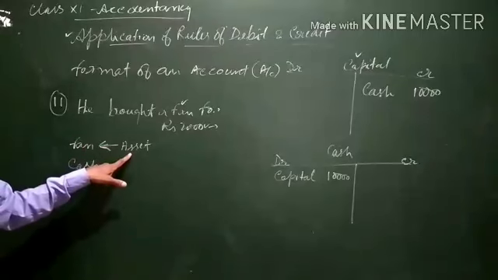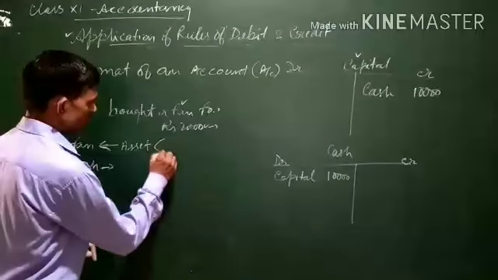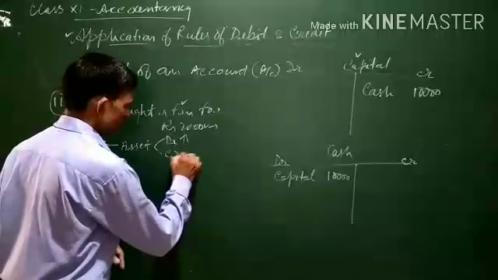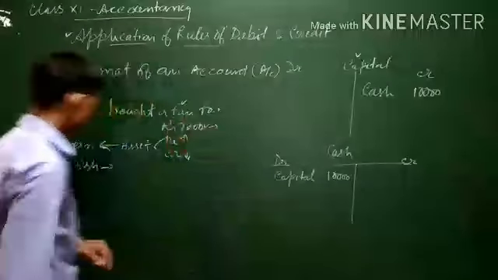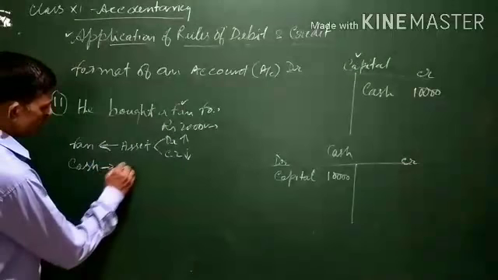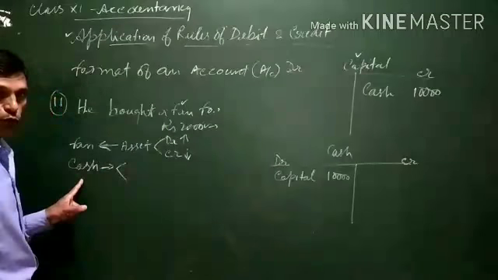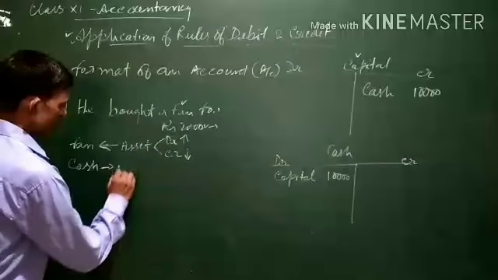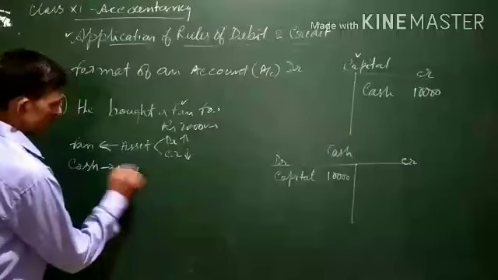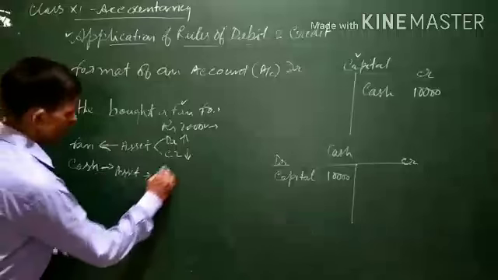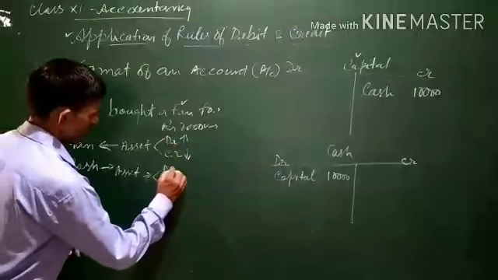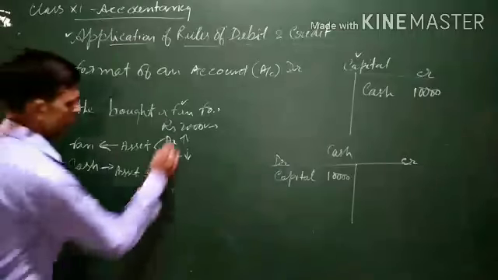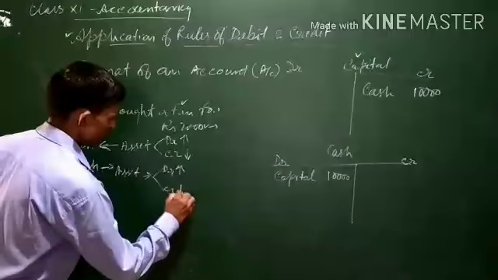So fan is an asset, and remember the rule for asset: for increase in asset, debit; for decrease in asset, credit. Now cash is also an asset because it is of use to us. Both accounts involved here are asset accounts.